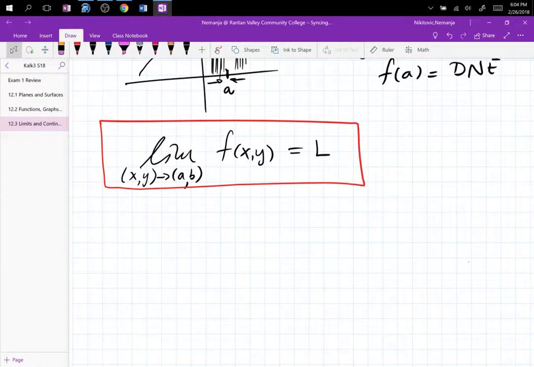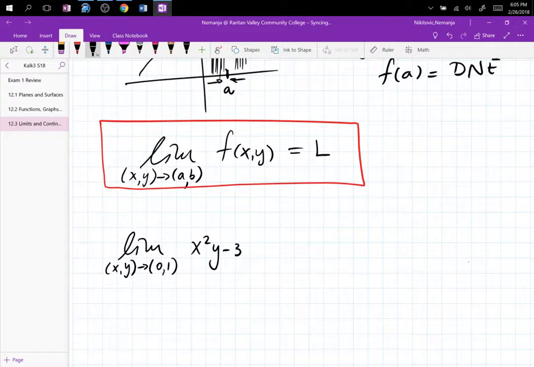Now, what does this mean? Well, just like in Calculus 1, you are computing z. So if you have something that is really basic without any extraneous issues, you have the limit as the point (x, y) goes to, let's say, (0, 1), and you have a function x squared y minus 3.